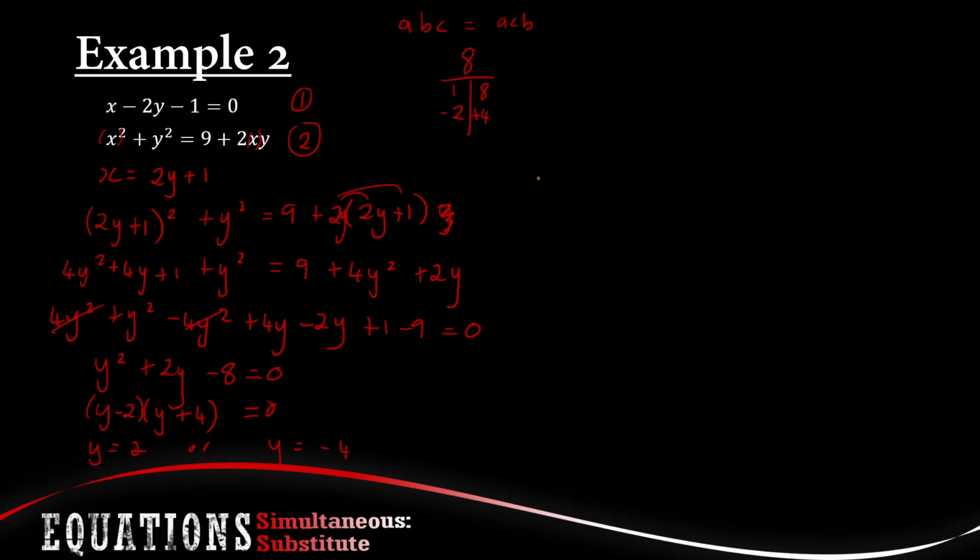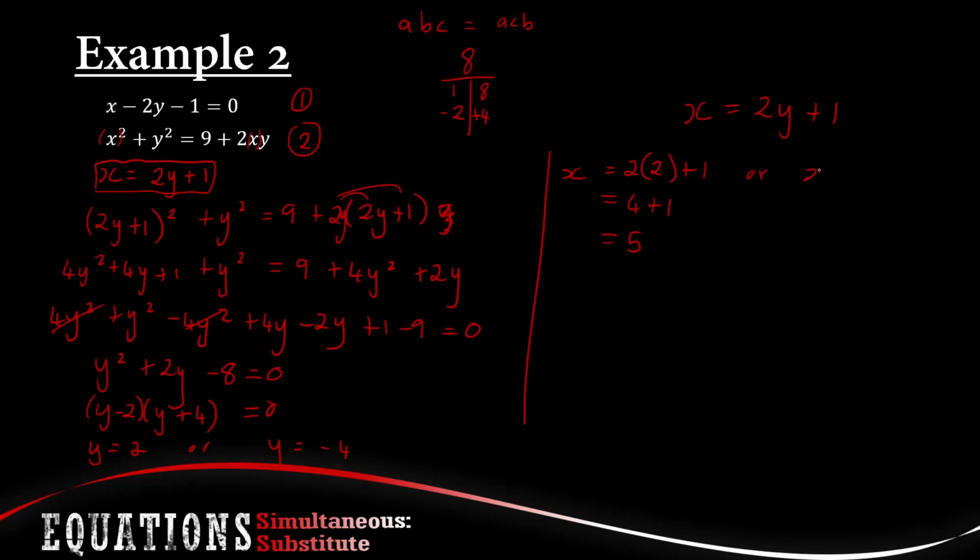All right. Then to find x, we have x equals 2y plus 1. We're going to substitute first in the one value for y. So that is 2 times 2 plus 1, where y is 2. So that is 4 plus 1, which is 5.